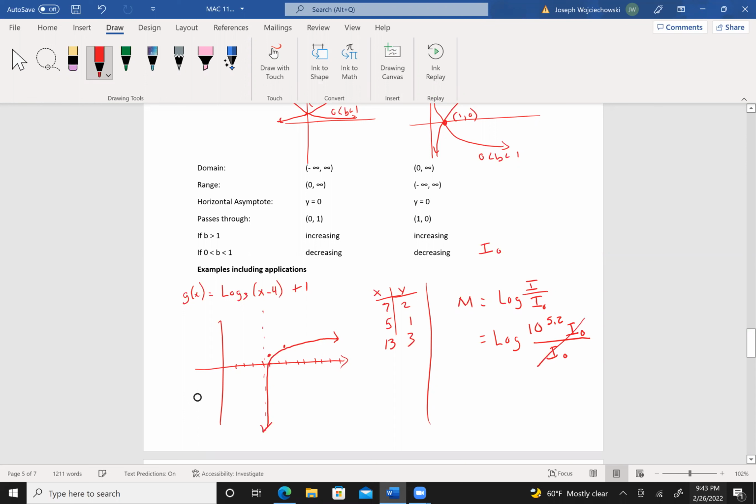So the I sub 0 is canceled out, and we have the log of 10 to the 5.2. Now I have a log, this is a common logarithm, base 10. So this is simply 5.2. And that's how you can tell the magnitude of an earthquake.